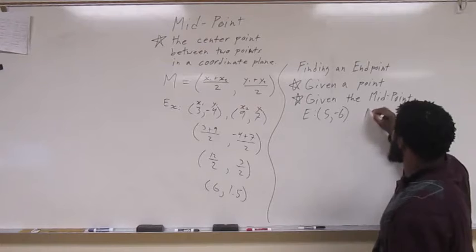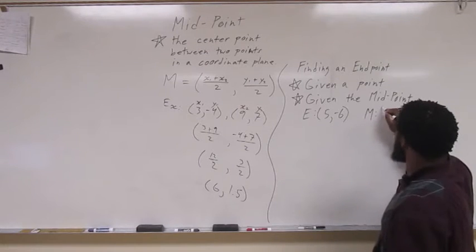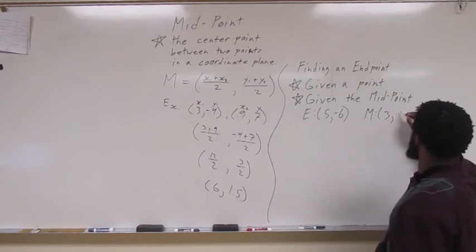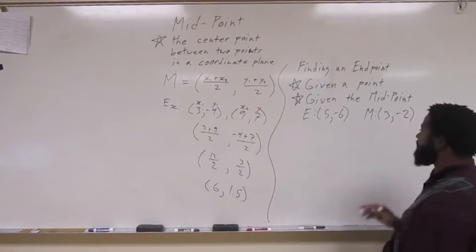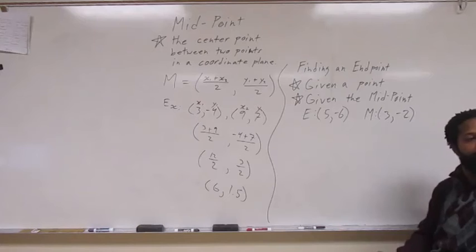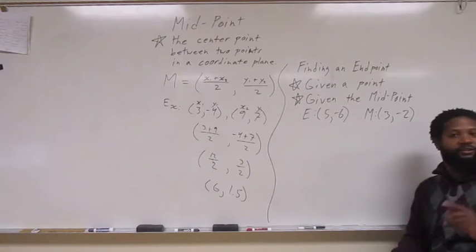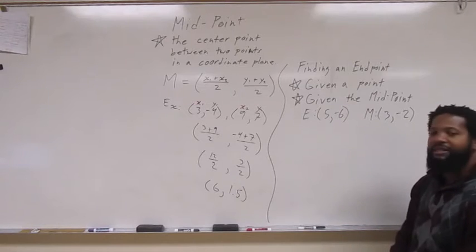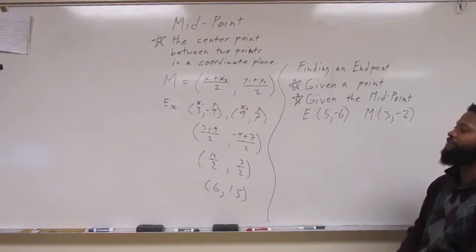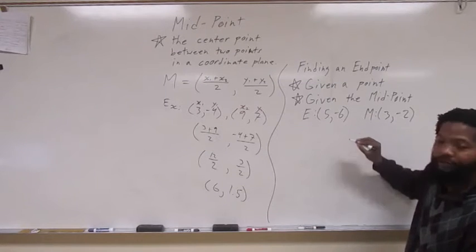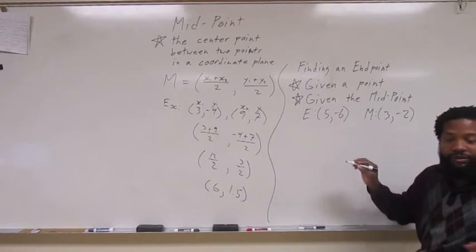And your midpoint is 3, -2. Okay? Y'all see? Y'all good? So, let's say that it looks like this. Well, what are we going to do? Pretty much you draw yourself a little bit of a chart, if you will, okay?